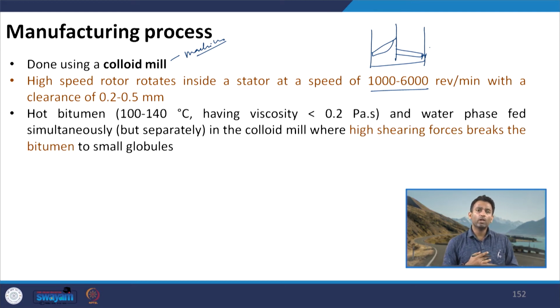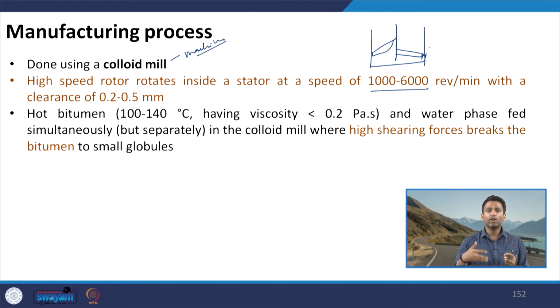What is typically done is that the bitumen is heated. Why is it important? Because we want to reduce the viscosity of the bitumen. It is suggested that the viscosity of the bitumen should be less than 0.2 Pascal seconds when it is sent for emulsification.